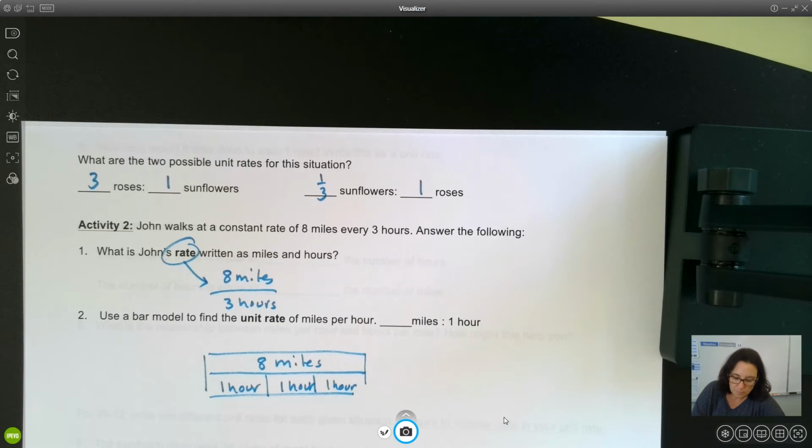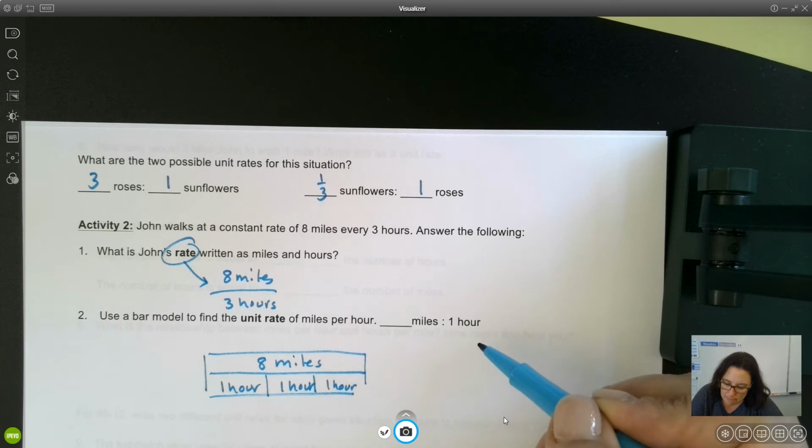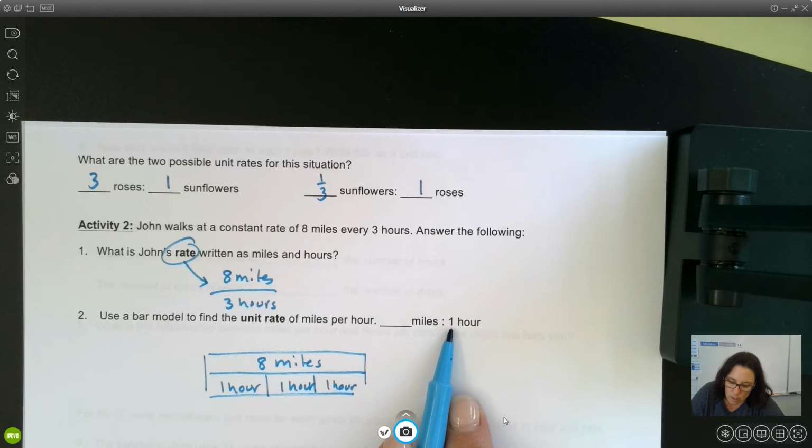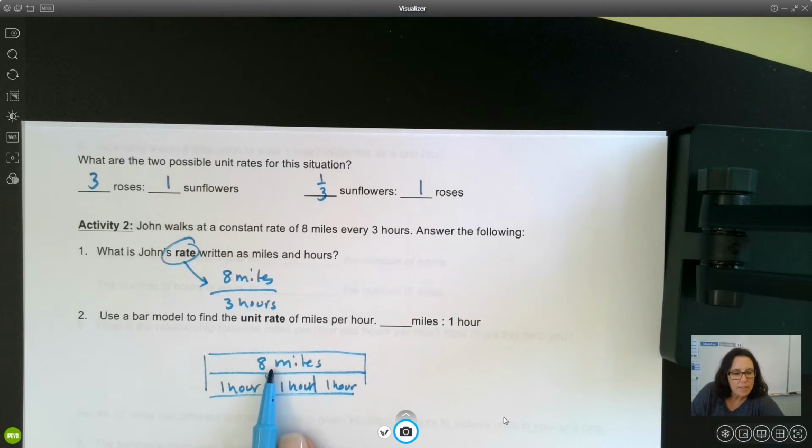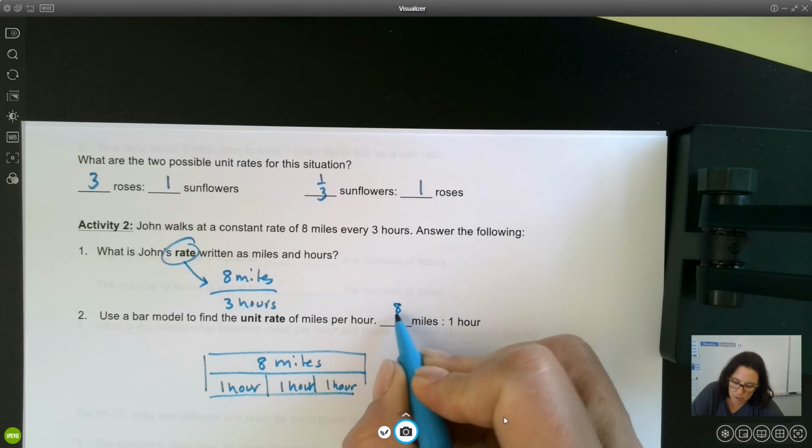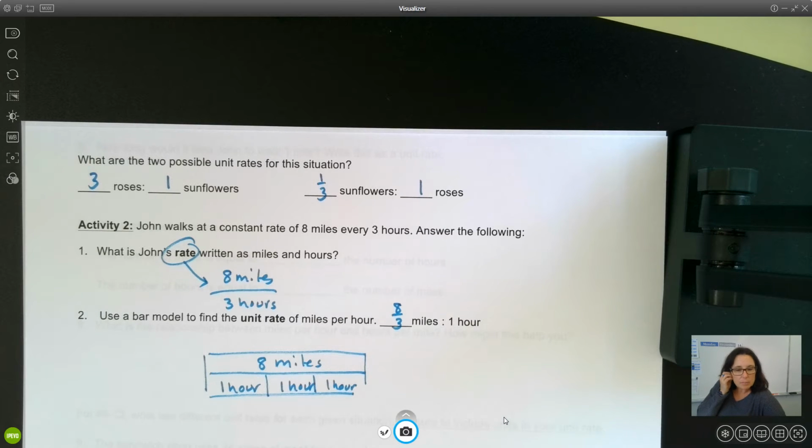Okay, so in 1 hour, we'd have to break this up into thirds. So 8 thirds. We'd have to divide it by 3 or take 1/3.